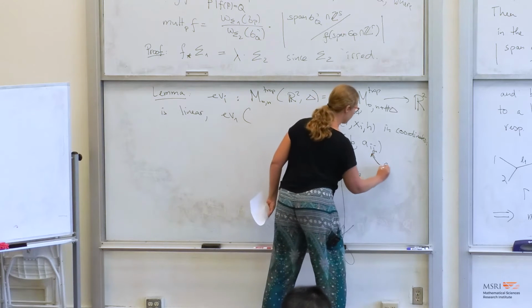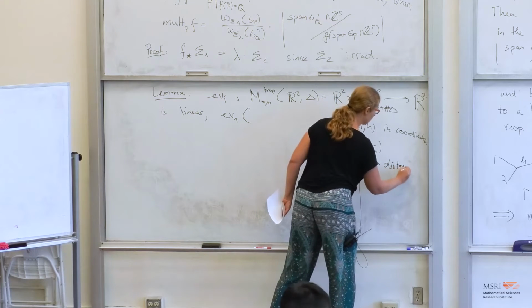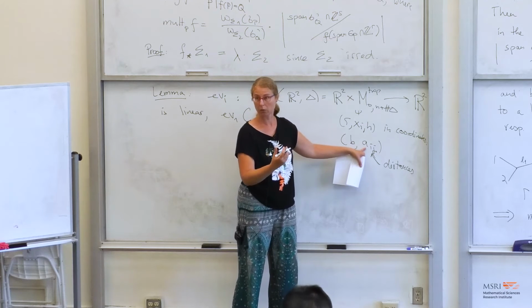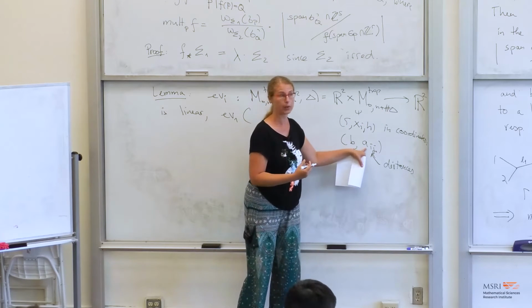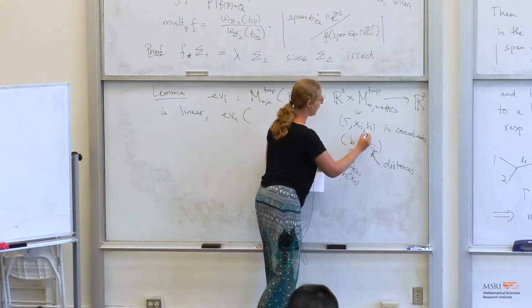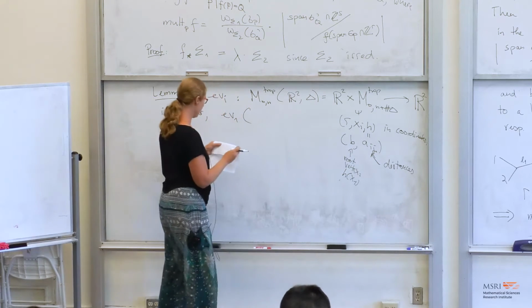And these are the distances between ends, because this is how we embedded our tropical curves into R to the n choose 2 minus n.